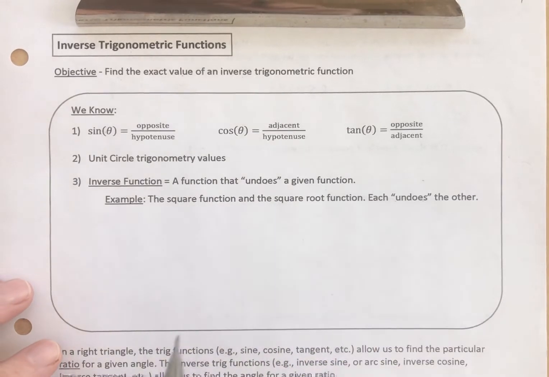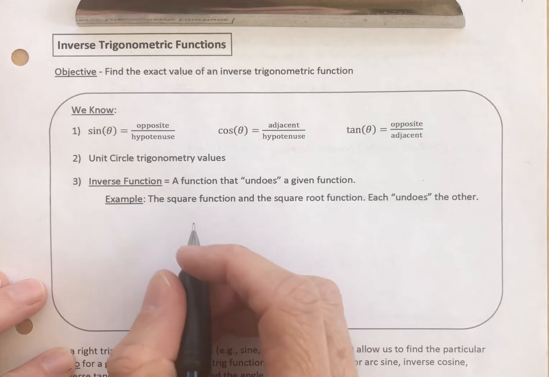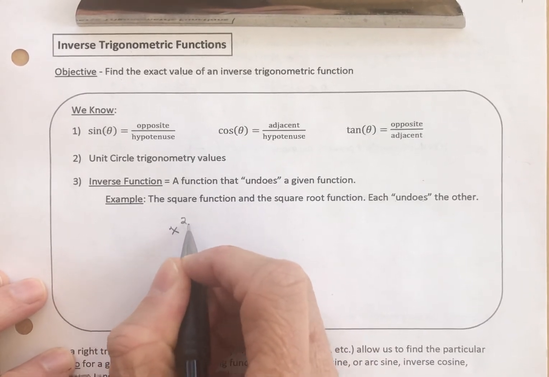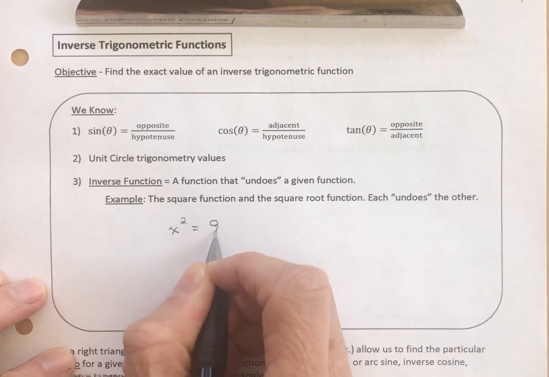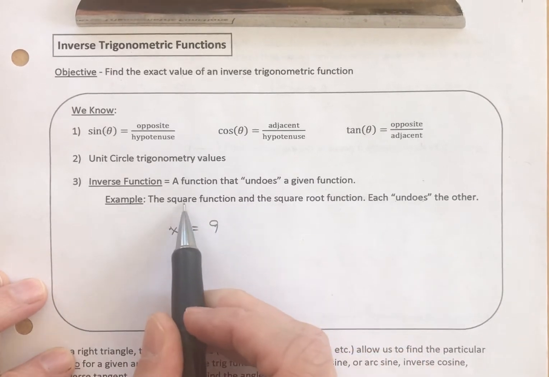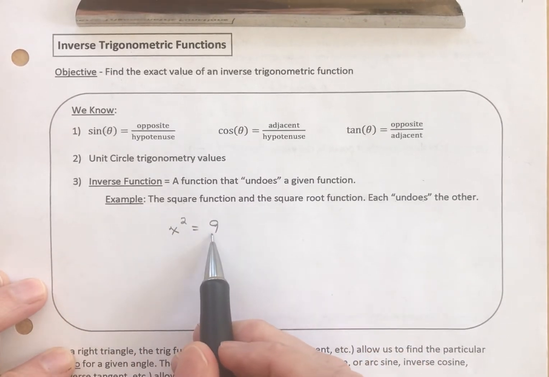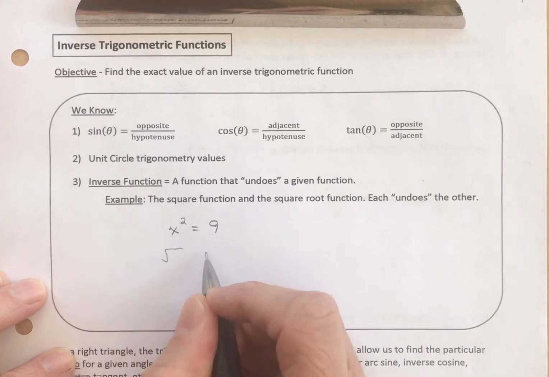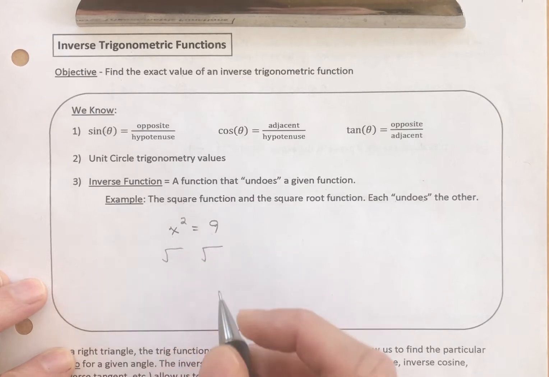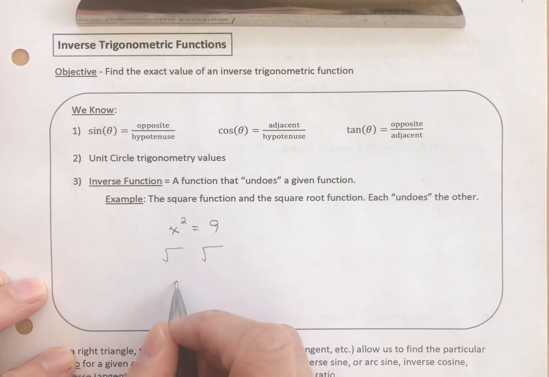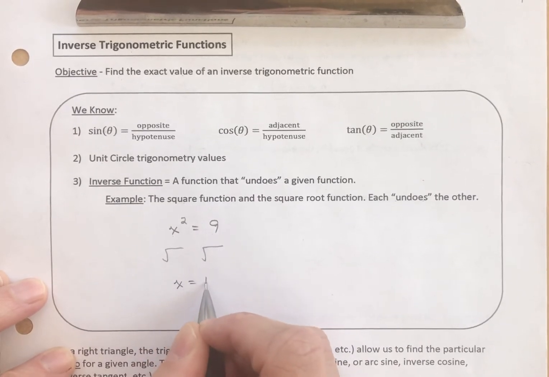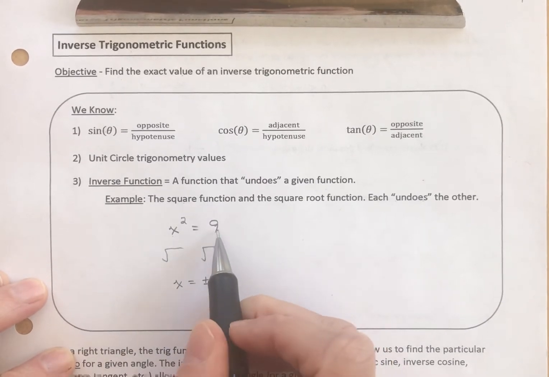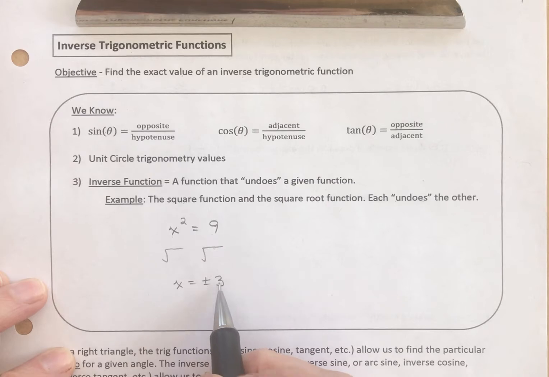So if I say x squared equals 9, well, the square root function is the inverse, and I can solve for x by using the square root function to get the values of positive or negative 3. The square root of 9 is positive or negative 3.